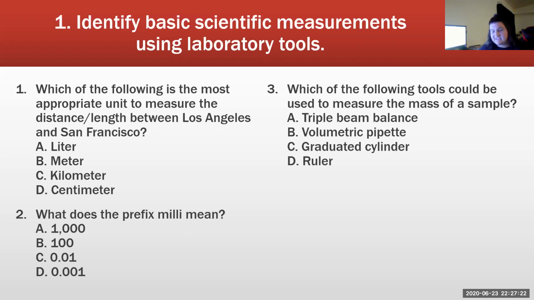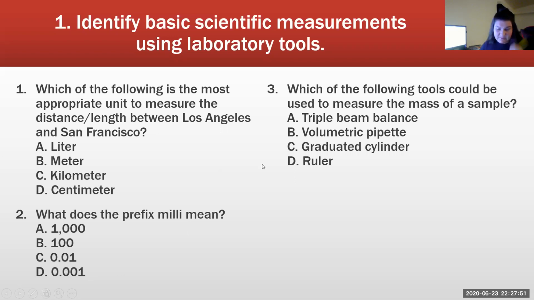Option C is centi. So D is the milli. The prefix milli means 0.001. I'm not going to try to elaborate. I'm just going to give you the answers.